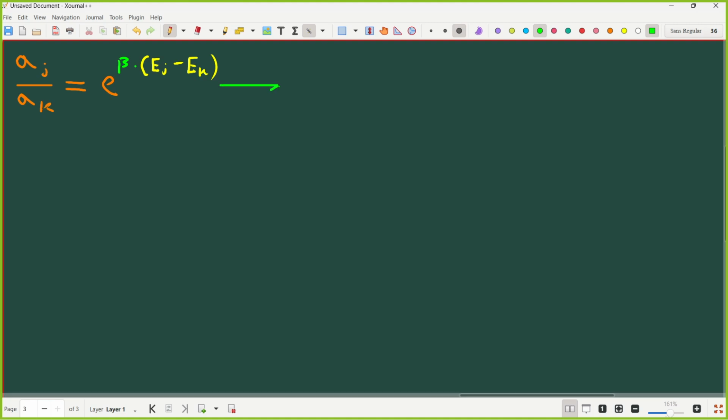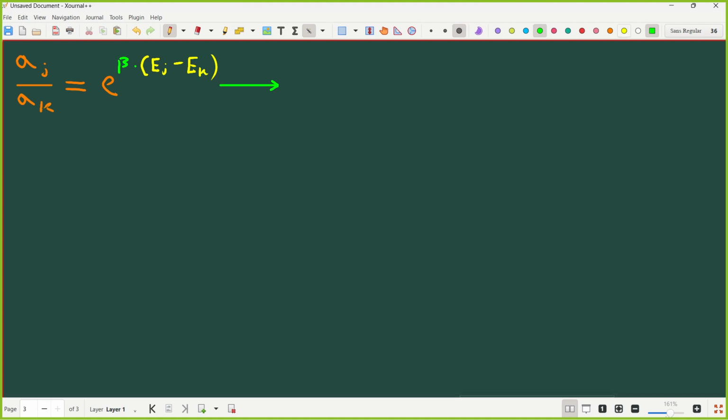You can determine that if you let, for instance, AK be 1 and you're doing everything relative to 1, imagine you set AK to be the number of boxes at energy 0, and you just say that there's exactly one box, or maybe 100 boxes. What's the relative fraction of boxes at higher energy?